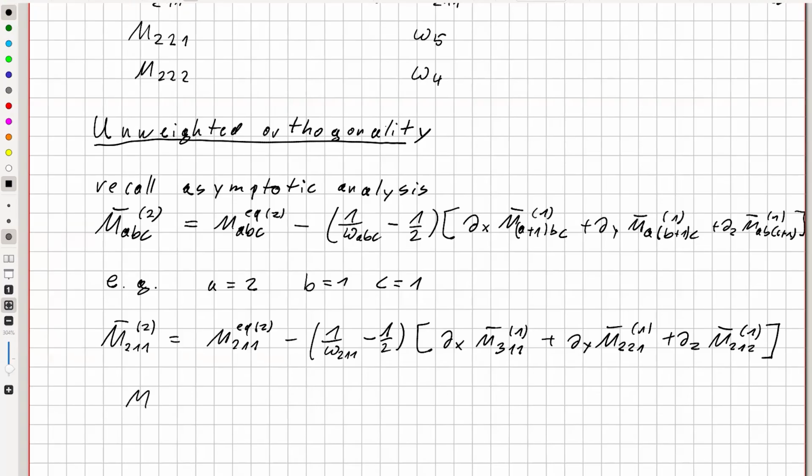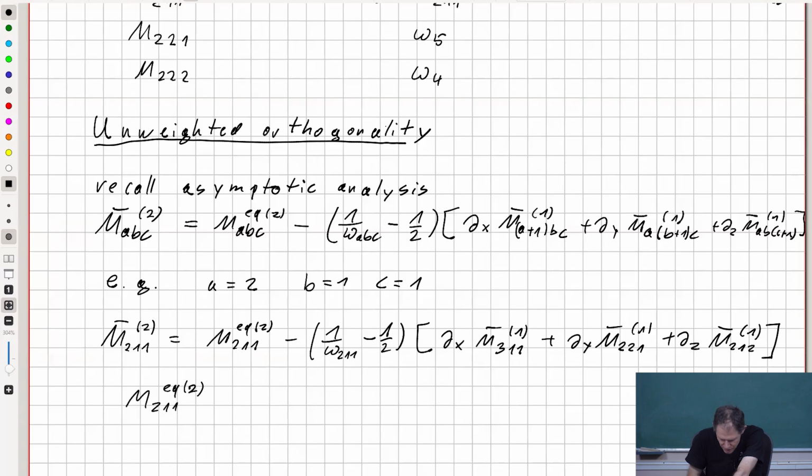Now we have to identify these equilibria. This is done by factorization, as we learned. So this is M200 to 0 order times M010 to first order times M001 to first order.